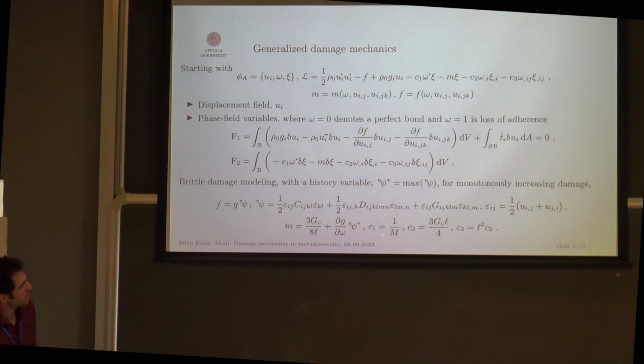And then the rest I'm using with an M, which is often called the mobility function or mobility parameter, which is controlling, so to say, the inertia of the damage. And then we have also here a GC, which is directly related to the critical energy release rate.